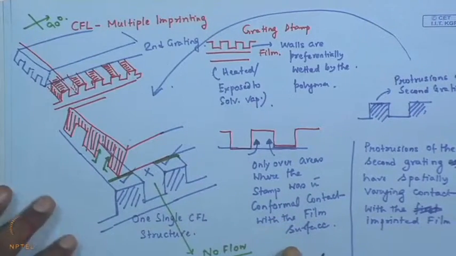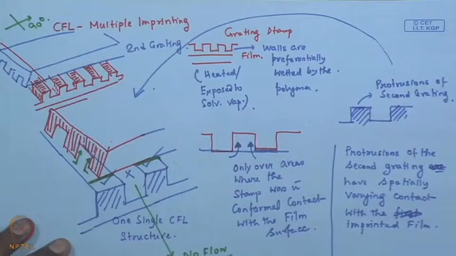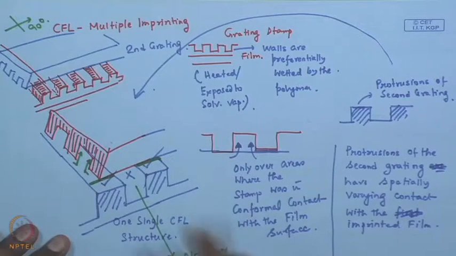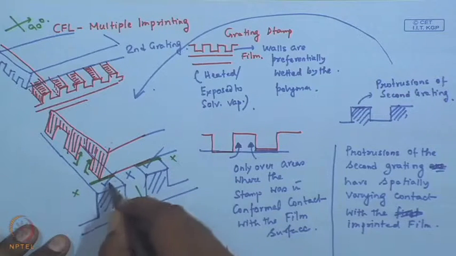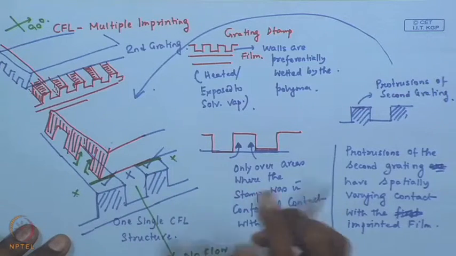This results in a spatial variation in the extent of contact between the second grating stamp and the pre-patterned film surface. So, you have contact over here, you have contact over here, but no contact over these zones.